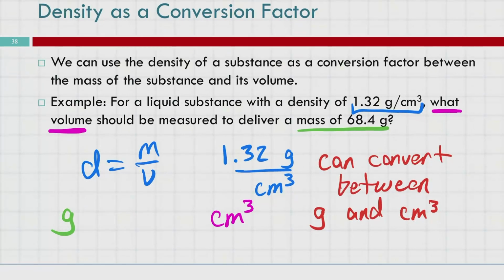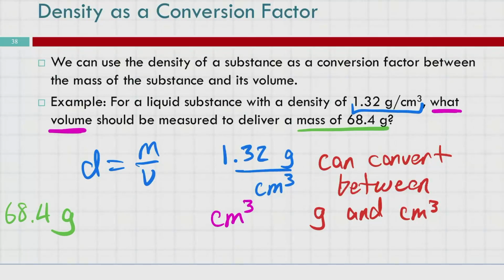One of the ways that we can do that is starting with 68.4 grams. And the way that I wrote out the units, we've got grams on top, we've got centimeters cubed on the bottom. To cancel a variable out in algebra, we need 1 on the top and 1 on the bottom. We divide them and they turn into a 1 magically.